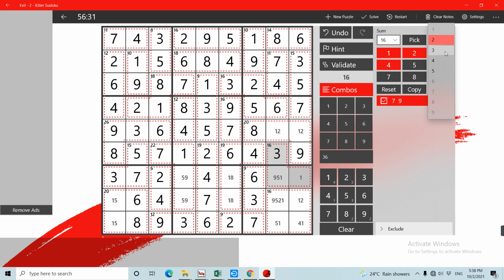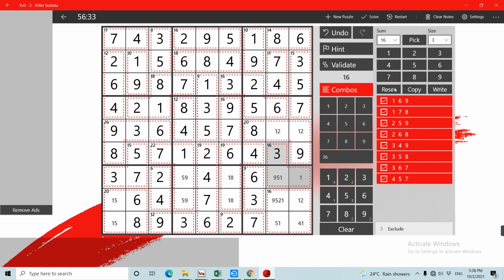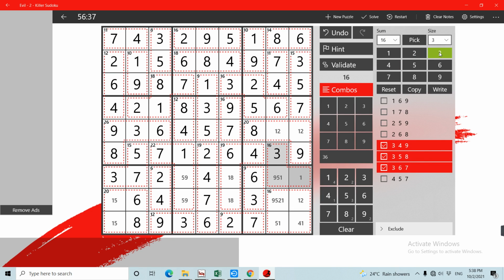16, size 3, includes 3, cannot have a 6, cannot have a 7.